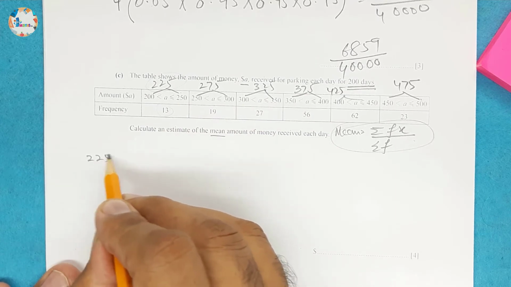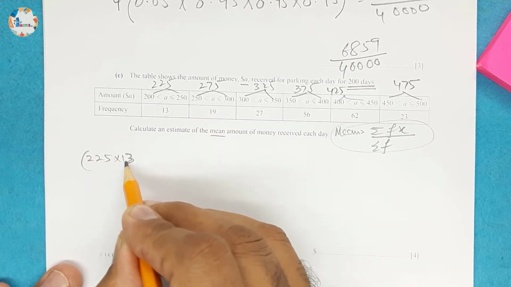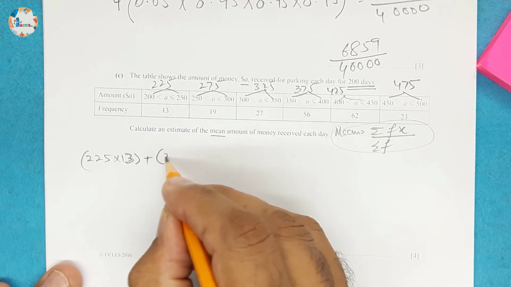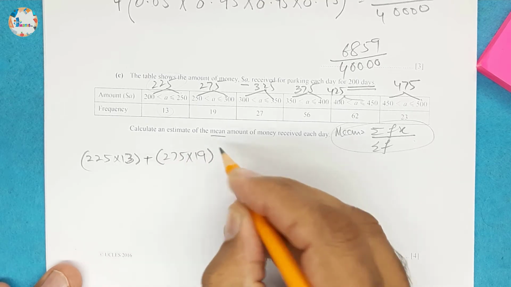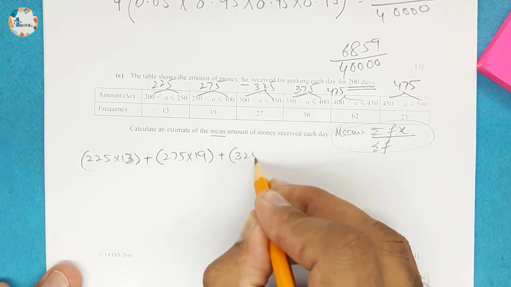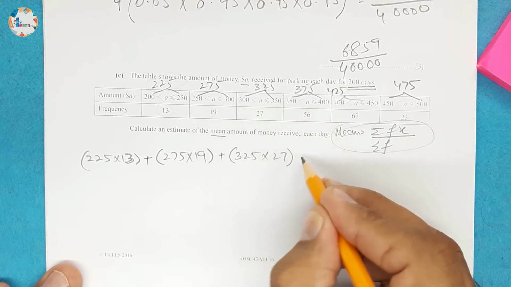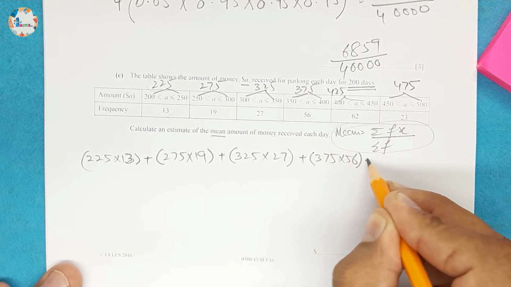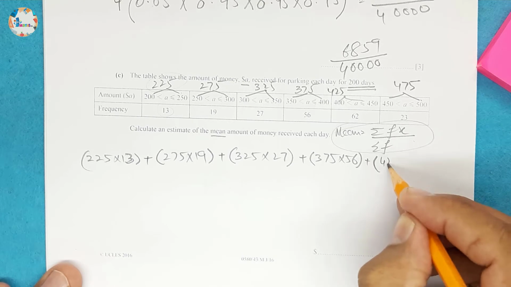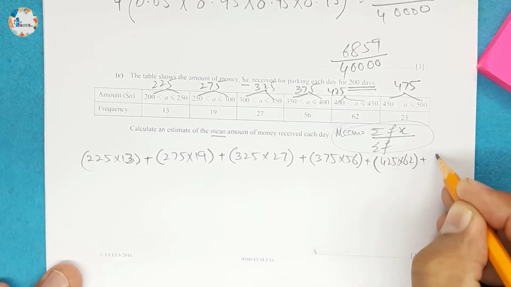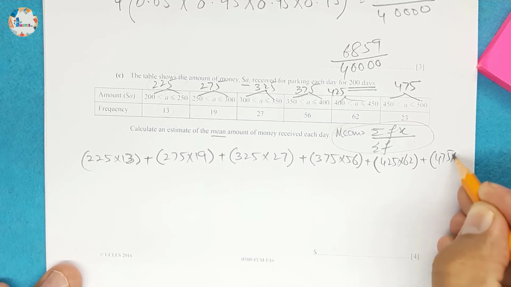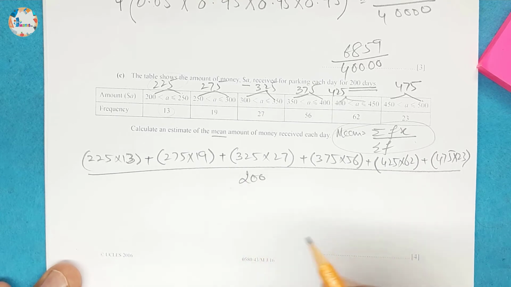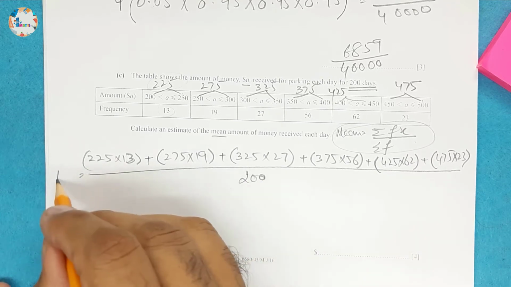So 225 multiplied by 13, and the second value will be 275 multiplied by 19, plus 325 multiplied by 27, plus 375 multiplied by 56, plus the next value 425 multiplied by 62, plus the last value 475 multiplied by 23, and the whole divided by 200, which is the total frequency, and this is equal to the mean.